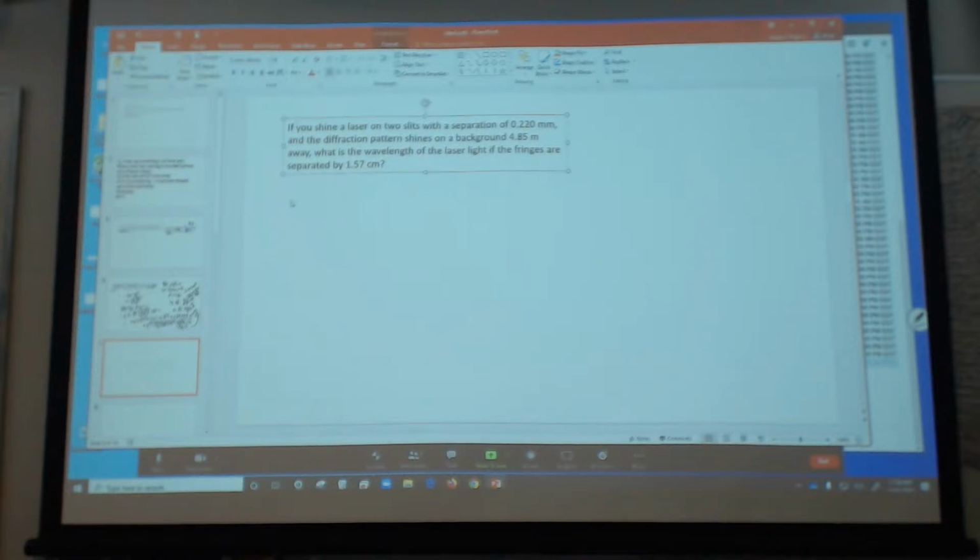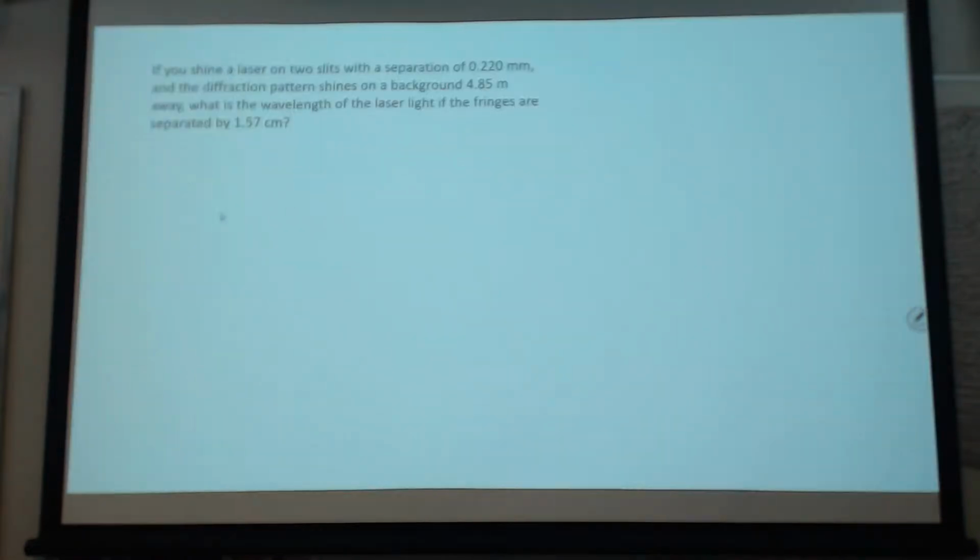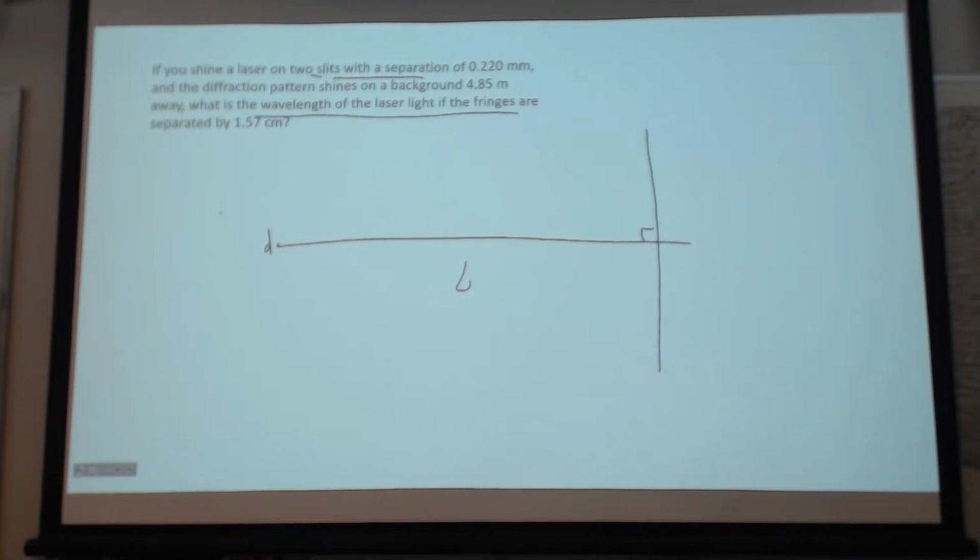I set it up with a triangle being formed with the length of 4.9 between the screen and the laser, and then 1.61 centimeters between the fringes. And when you click help, the formula that they give you is weird, and I've never seen it before.